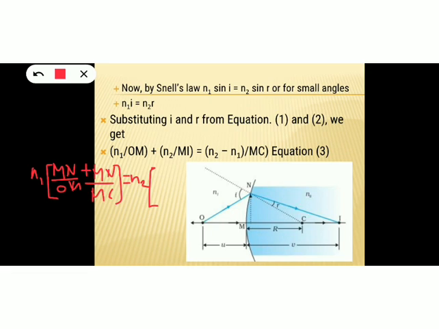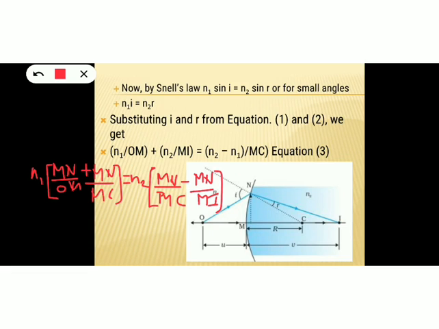What is the expression for R? MN by MC minus MN by MI. Okay, so here MN is the common factor, and since MN is present on both sides of the equation, it will be cancelled.